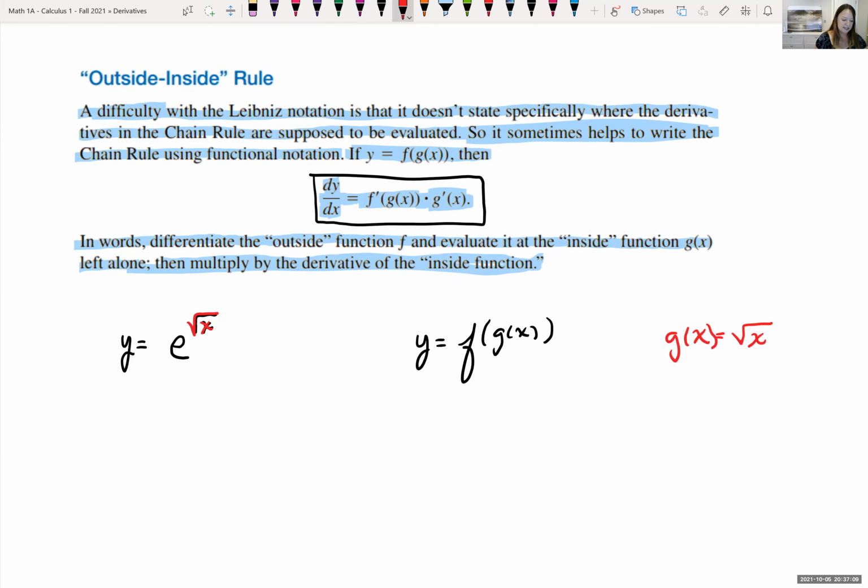And my f of x function is equal to e to the x. So I can say y is equal to f of g of x.